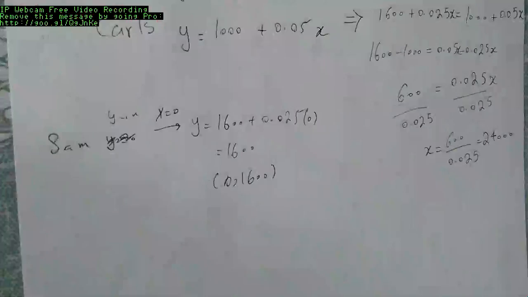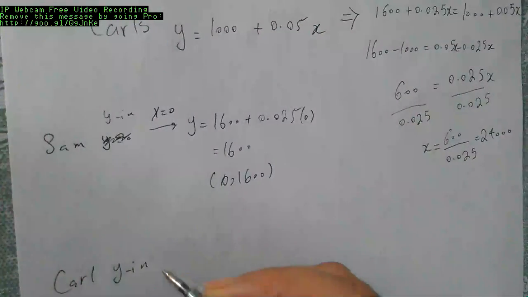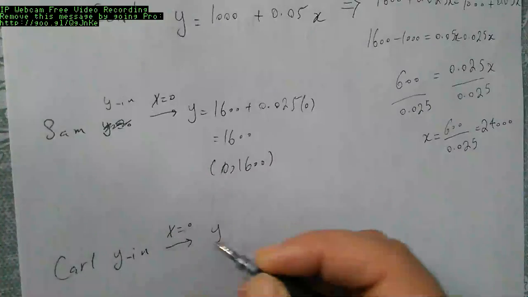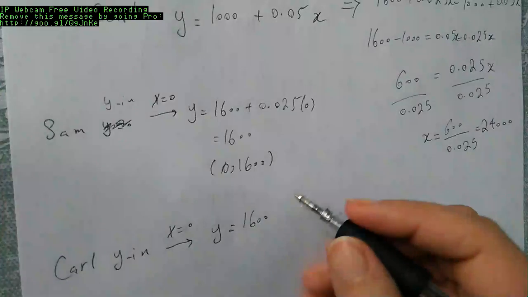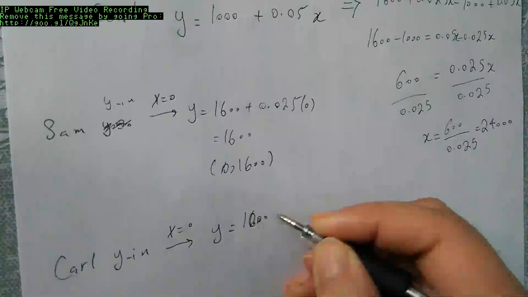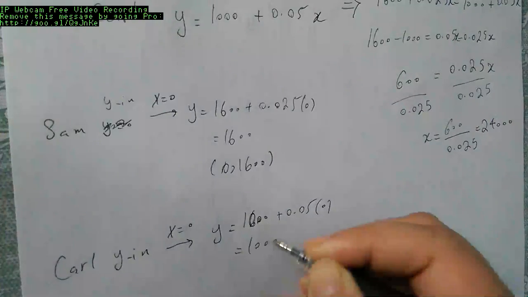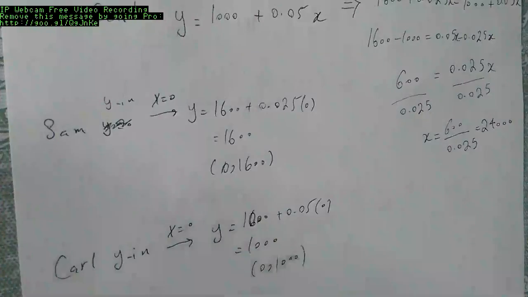For Carl, I can find the y-intercept again by putting x equal to 0. Sorry, this is 1,000 plus 0.05x. You put 0, so this is going to be what? 1,000. The point of the y-intercept is going to be that.